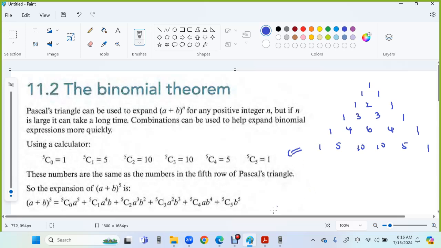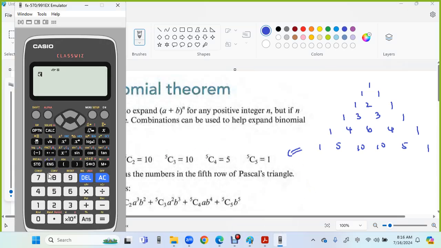So this one is the same as this one. You see, 5C0 is 1, 5C1 is 5, 5C2 is 10, 5C3 is 10 as well, 5C4 is 5, and 5C5 is 1. So it's the same as the values here.